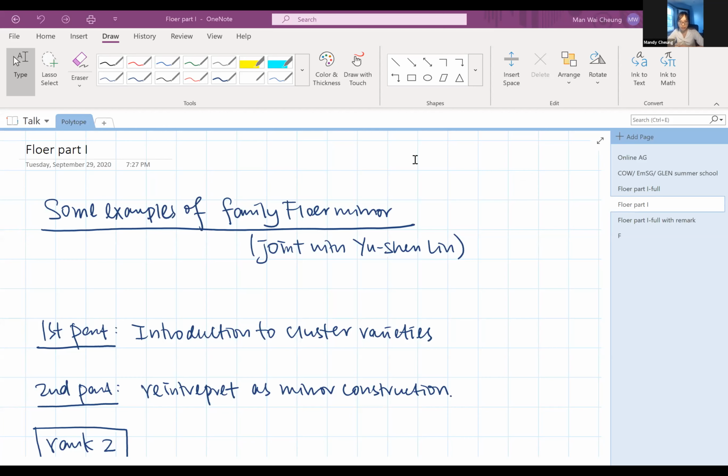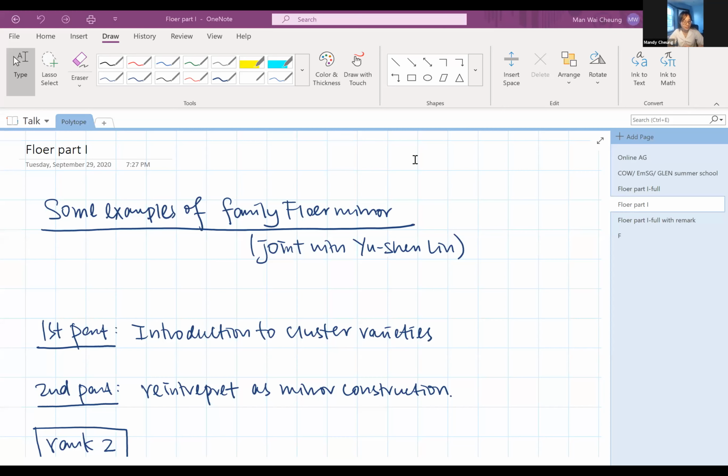So today in this talk, we'll do it explicitly. We turn everything you saw, like the scattering diagram and theta functions, into something with a symplectic meaning, and then we interpret the construction as a family Floer mirror. This is joint work with Yu-Shen Lin. He might be here or not.